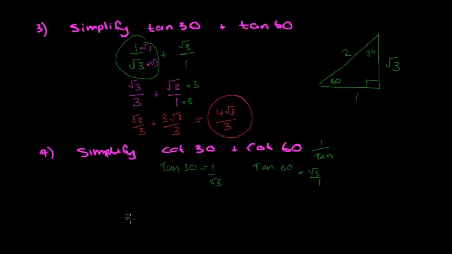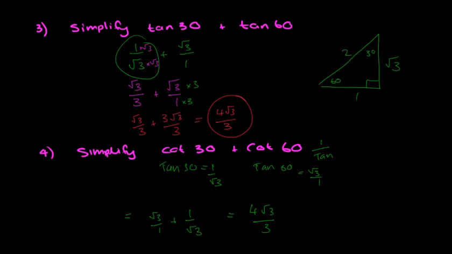And actually, it's going to be very similar to the question above, isn't it? Because if I inverse this, we get root 3 over 1 plus I inverse this, 1 over root 3, and look, it's the same question as above. So it simply equals 4 root 3 over 3. Okay, so those questions are pretty much identical because of the inverse of each.